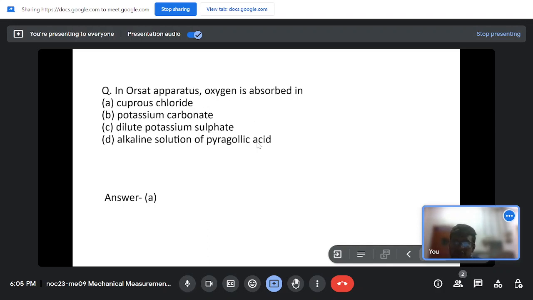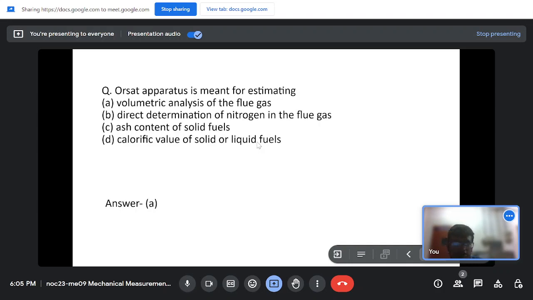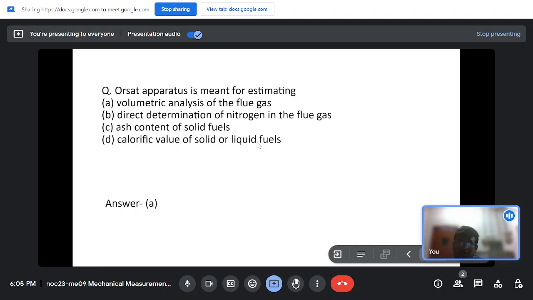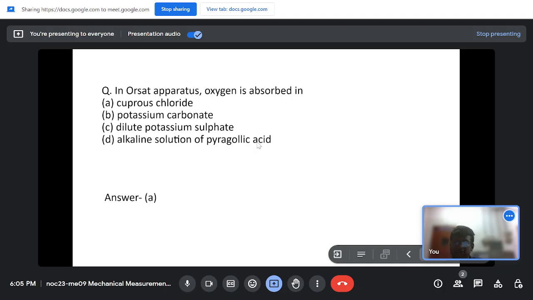Sorry, the answer is not the same as before. For the previous question, the ORSAT apparatus is meant for estimating volumetric analysis of flue gas, answer A. The next question: in the ORSAT apparatus, oxygen is absorbed in A. Cuprous chloride, B. Potassium carbonate, C. Dilute potassium sulfate, D. Alkaline solution of pyrogallic acid.